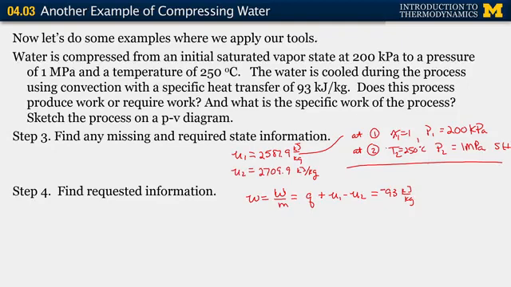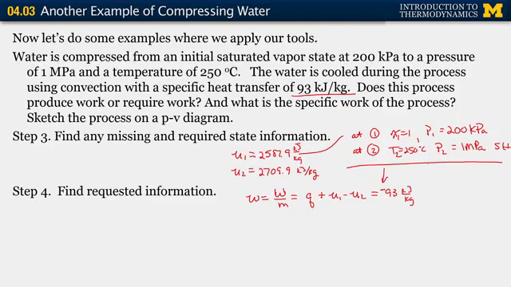So the water is cooled during the process. As we substitute in the numerical values from the state parameters and from the given information, we need to remember that the water is cooled during this process. So as we take that value for the heat transfer, we have to include that negative sign, because remember, that's our sign convention. Heat transfer out of a system is negative.